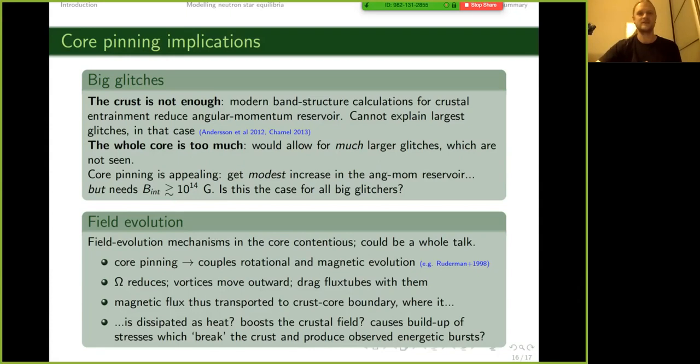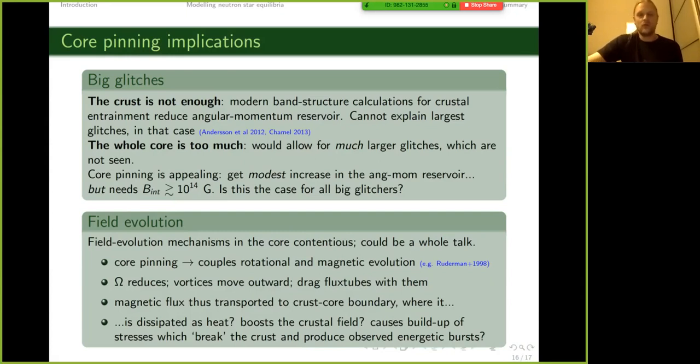So the effect of entrainment drastically reduces how big a glitch you should be able to get from the crustal superfluid. And that suggests that you can't explain the largest glitches with superfluid that is in the crust alone. So then you go looking somewhere else for some extra angular momentum.